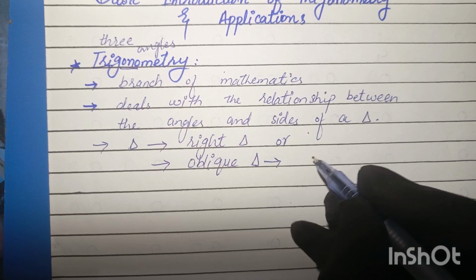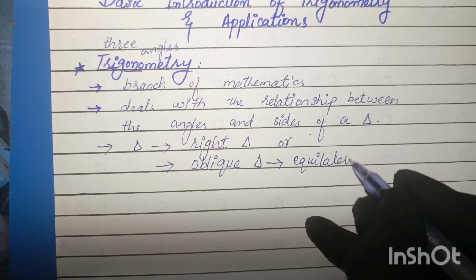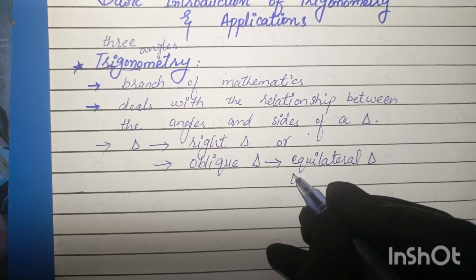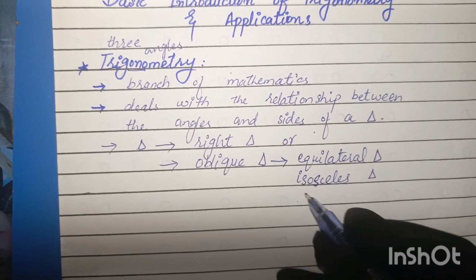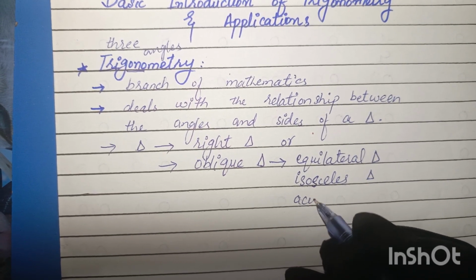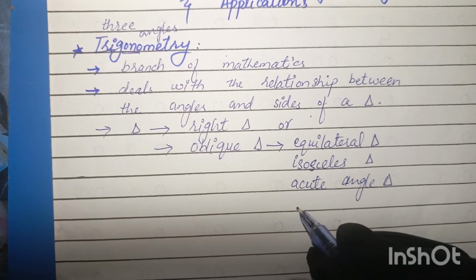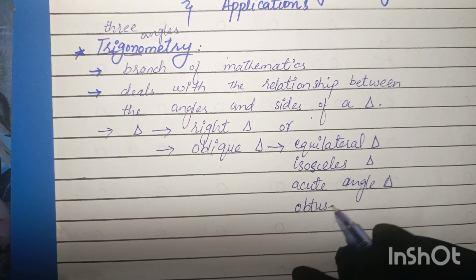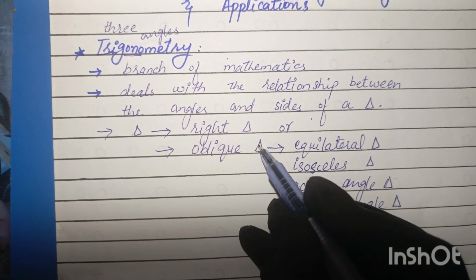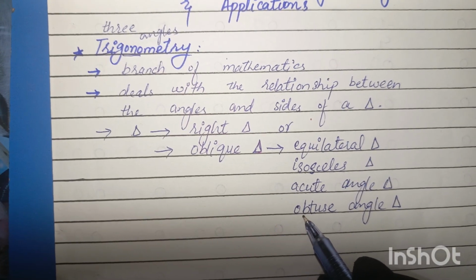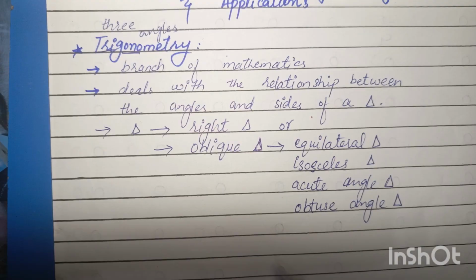It can be an equilateral triangle, it can be an isosceles triangle, it can be an acute angle triangle, or it can be an obtuse angle triangle, but it cannot be a right angle triangle. Oblique triangle is not a right angle triangle, but it can be of any of these types. These all are known as oblique angle triangles.